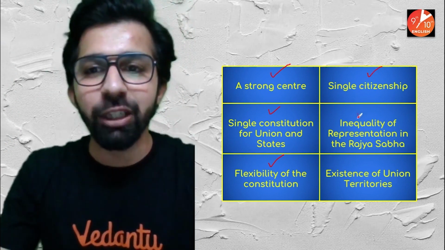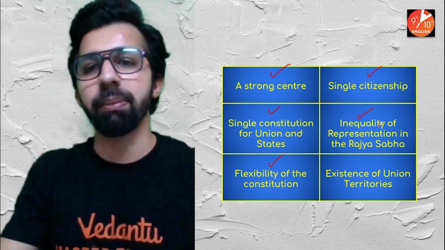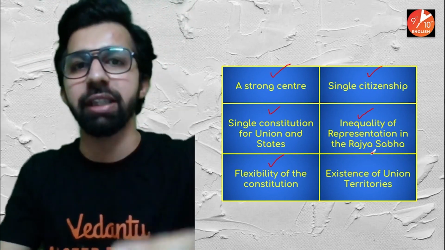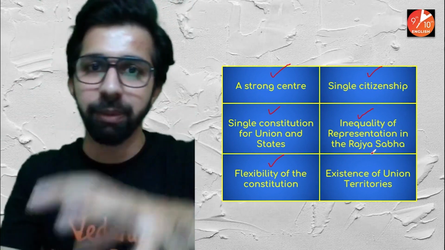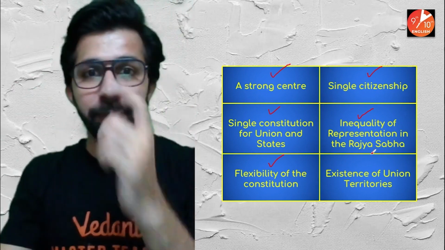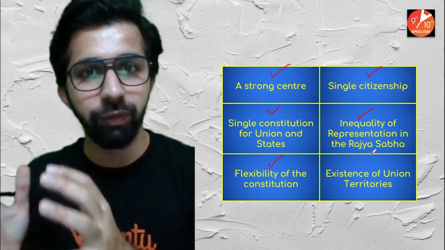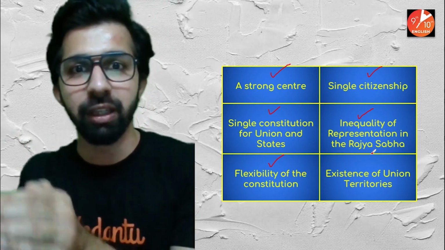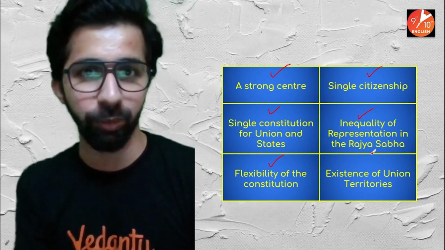Next, inequality of representation in the Rajya Sabha. Now, guys, the members of the Rajya Sabha are basically the representatives of the states, and these representatives are not of the same number. From every state, the same number of representatives are not elected to the Rajya Sabha. It depends upon the size of the population.